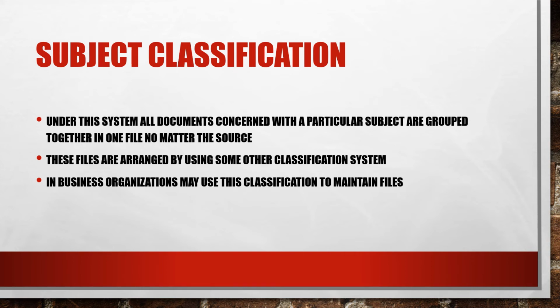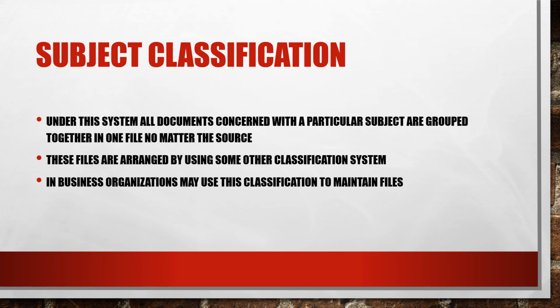Under this system, you basically arrange your file using some other classification system. And a lot of times the alphabetical filing system goes well with the subject classification, because then you can order the names in alphabetical order. So subject classification doesn't always stand alone, and it needs the assistance of another classification system. And in business organizations, they may use this classification to maintain files, because they may have different areas of business that they're doing.